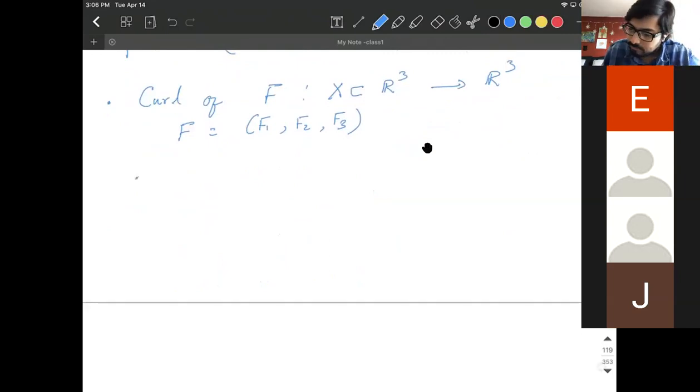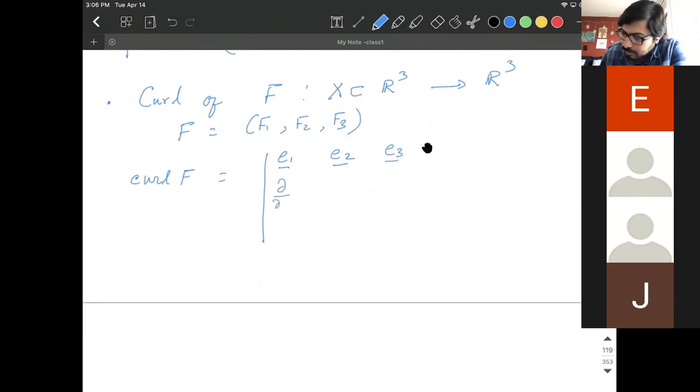So the curl of F is defined as, imagine this vector determinant in some sense. So you have E1, E2, E3, which are the unit vectors in R3. Then you have these operators, del x1, del x2, del x3. And now you have the components F1, F2, F3, and you find the determinant.